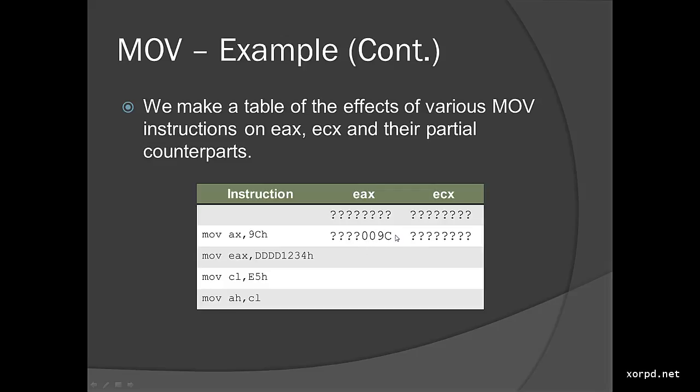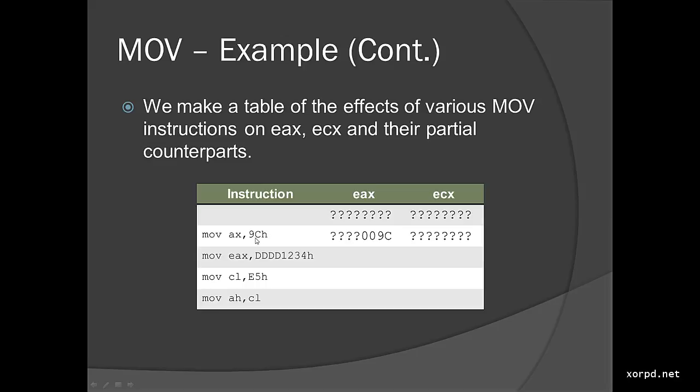Take some time to look at this result. The higher part, the highest 16 bits, is still unknown for us. We don't know what is in there. However, we now know for sure the lowest 16 bits. They must be 009C in base 16. And that is because AX is of size 16 bits.